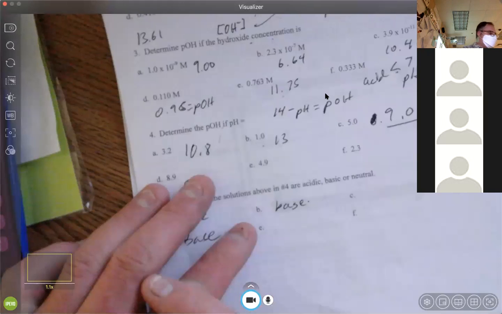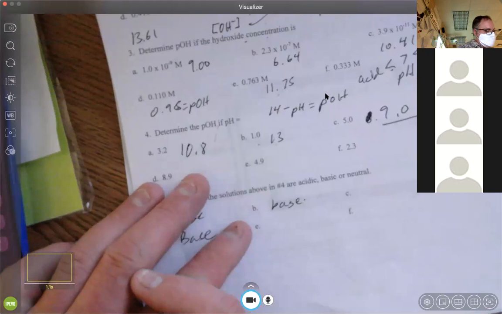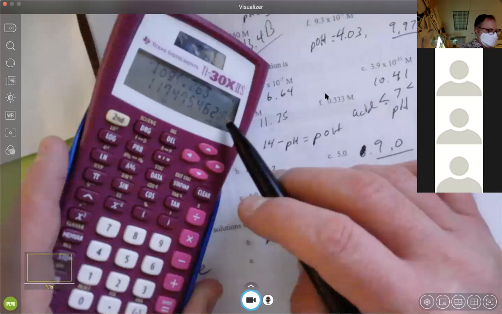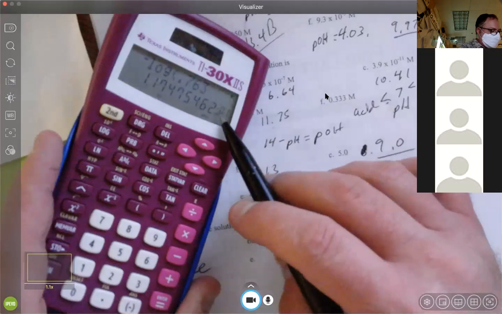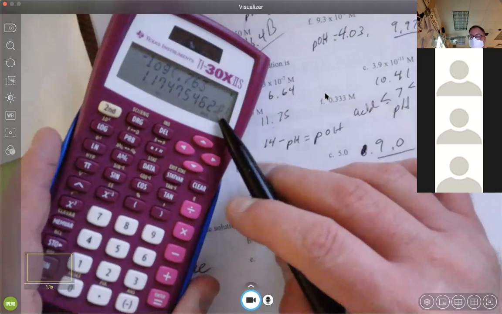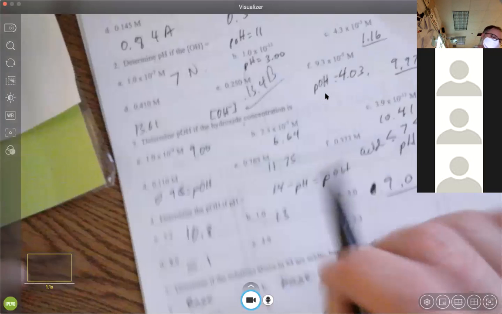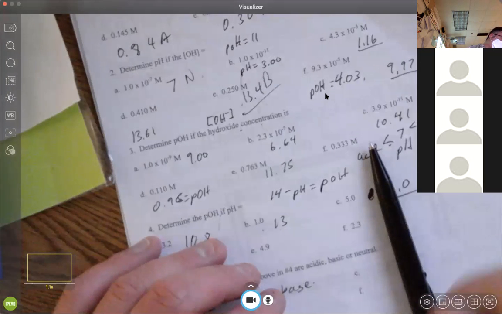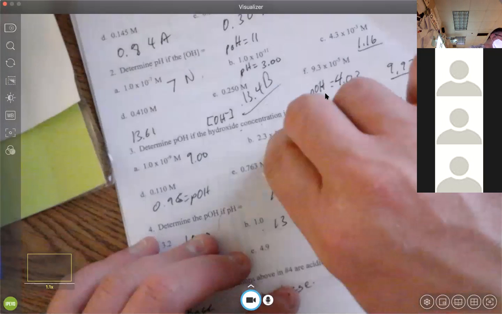I'm sorry, not 11.75. I can't read. With these glasses, it's hard to see sometimes. That didn't make sense to me, so I rechecked, and it's not 11.7. It's negative first. Instead of being 11.75, it should be 0.1175, which makes a lot more sense to me.